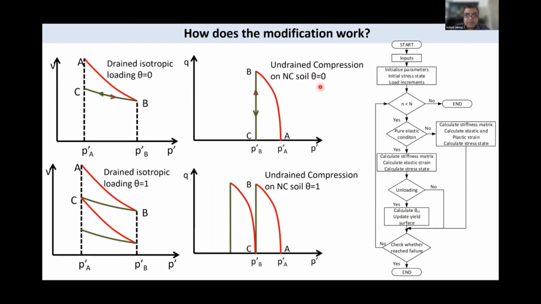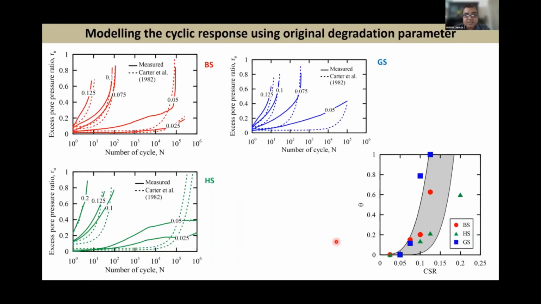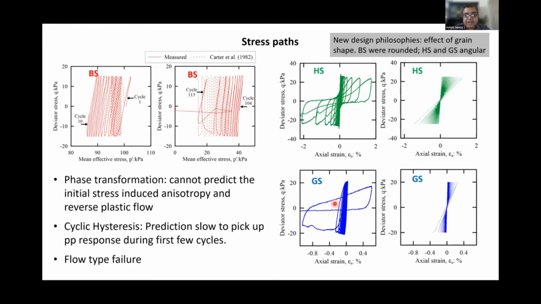So this degradation parameter, as we said, varies from 0 to 1. 0 would mean your typical Mohr-Coulomb or Cam-clay, and 1 would mean that your hardening parameter is made to change. I'll just skip through some of the additional slides and go directly to the final one.